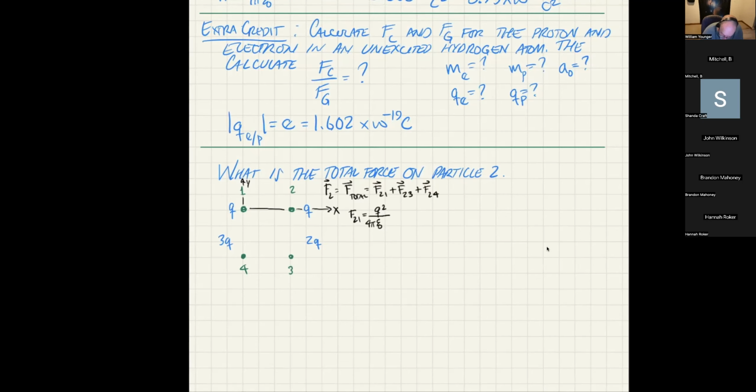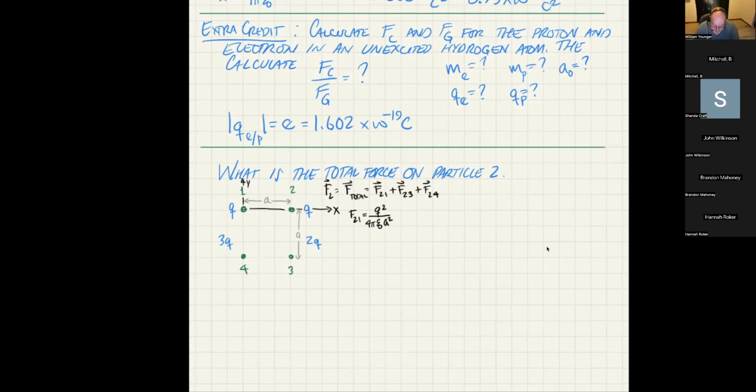And here this distance from here to here is just A, and this distance from here to here is also A. So I think you can see that the separation between Q and Q is A, so I'm going to write A squared down here.